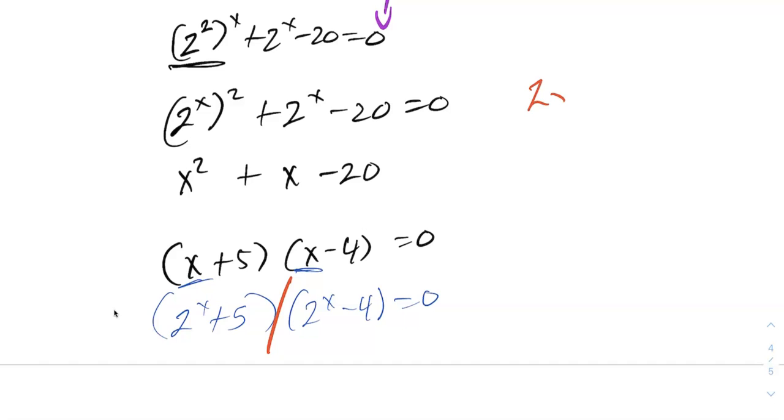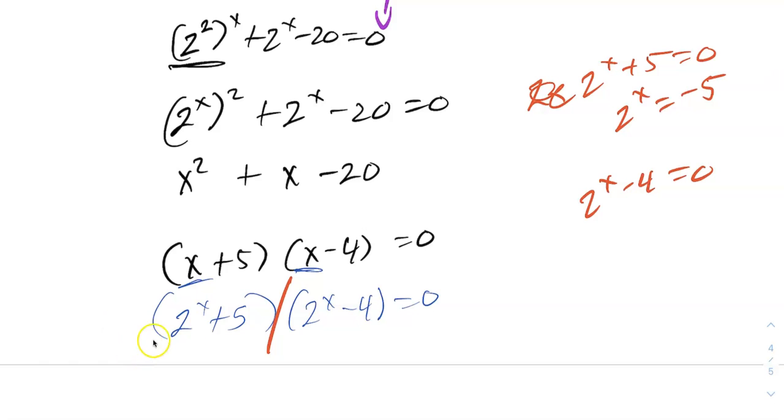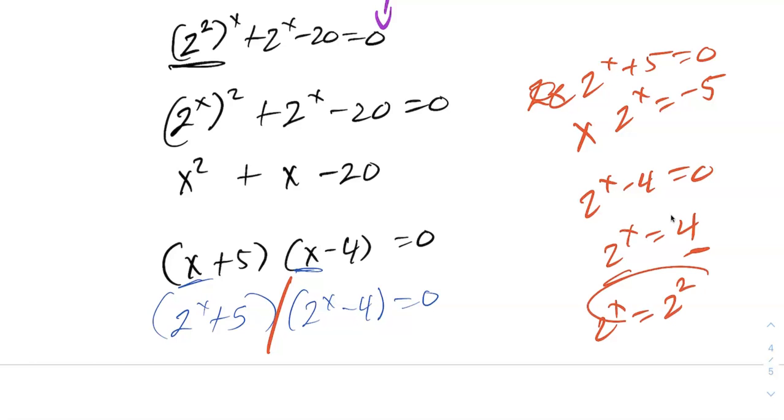So 2^x plus 5 equals 0, and 2^x minus 4 equals 0. We get 2^x equals negative 5. That actually cannot happen. This is a power. A power doesn't give a negative number, so you can't have a negative number there. So that's not possible. Over here, 2^x equals 4. Try to get the same base. I can change 4 right here. So 2^x equals 2 squared. So x equals 2. That's the lesson.